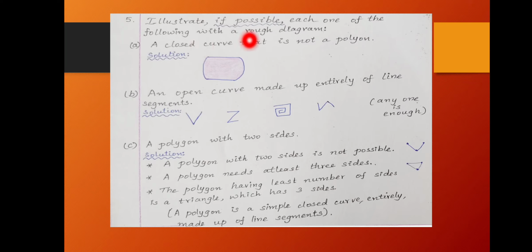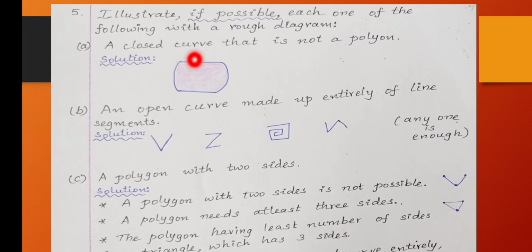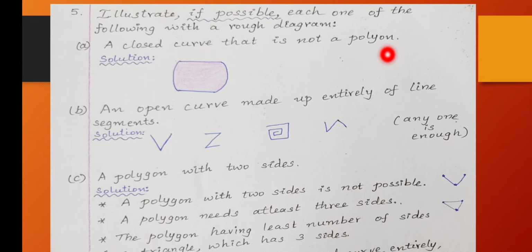Illustrate, if possible, each one of the following with a rough diagram. First question is a closed curve that is not a polygon. A polygon should be drawn with only line segments. Here we need a closed curve that is not a polygon.